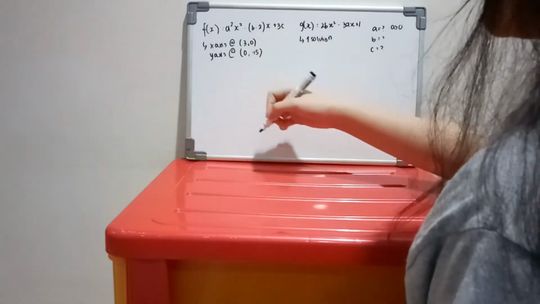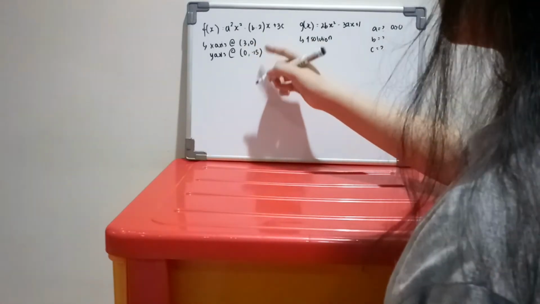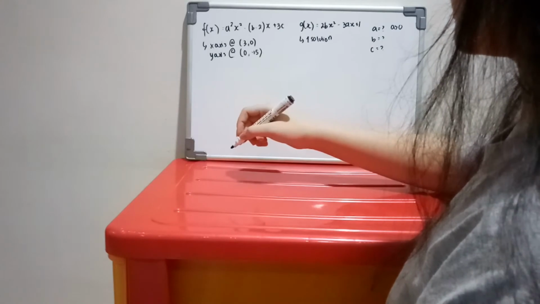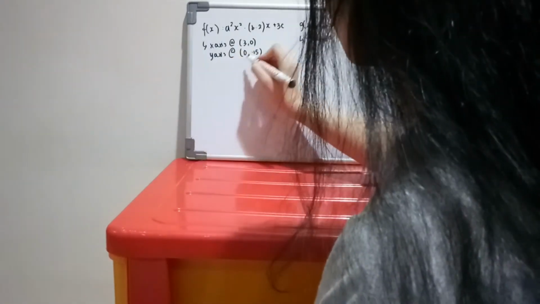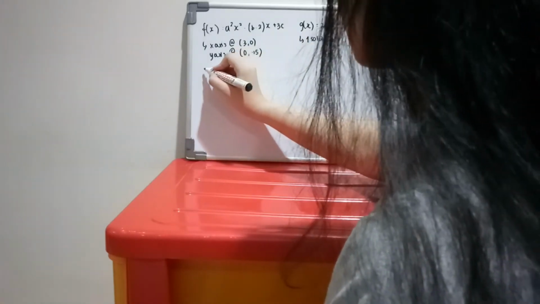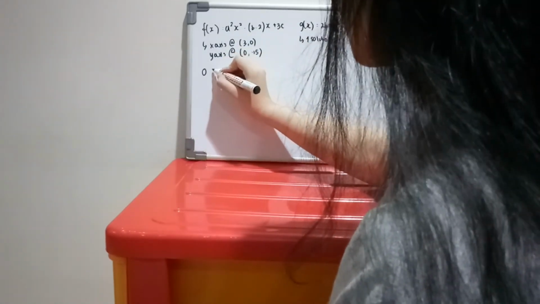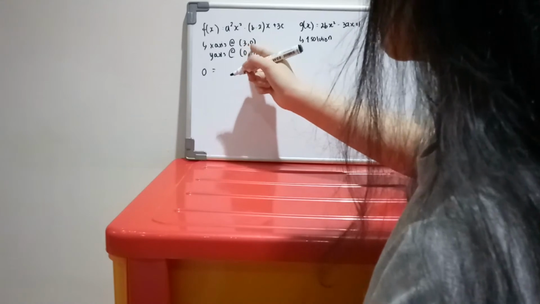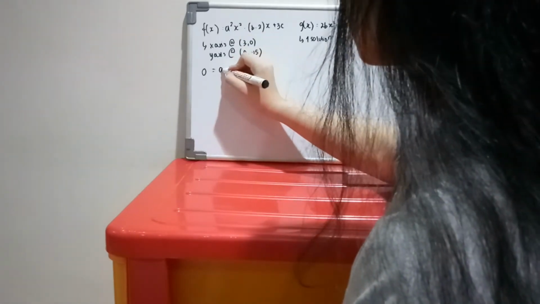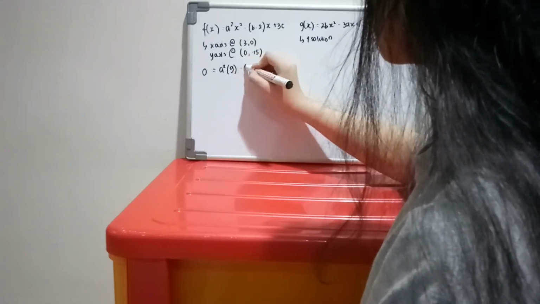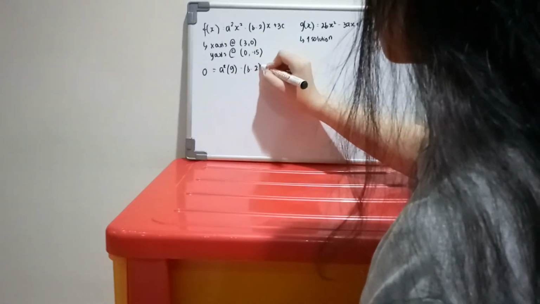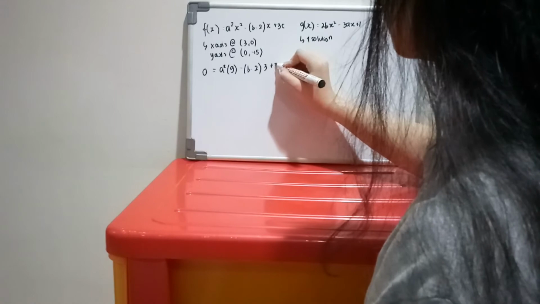Firstly, we'll work with f(x). We can input these 2 points into the function. So firstly, we'll work with the x-axis, f(x) equals 0. Substitute 3 into x, so a² times 3 squared, which is 9, minus (b minus 2) times 3 plus 3c.